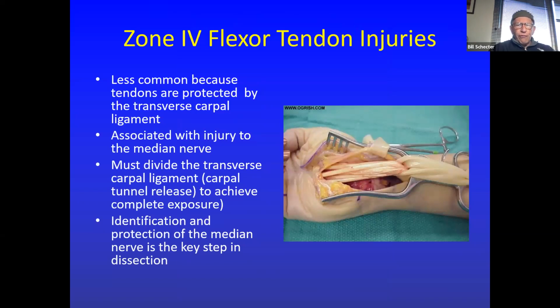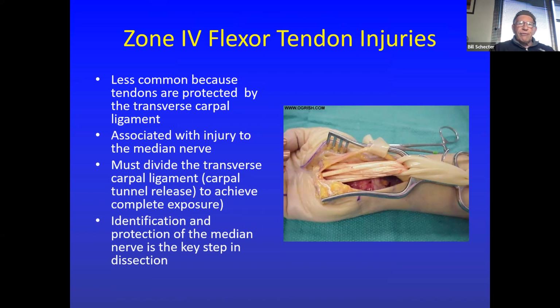Now, zone 4 flexor tendon injuries are located within the carpal tunnel. And these are relatively uncommon injuries. The reason they're uncommon is you have that very, very thick transverse carpal ligament, which is protective of the underlying tendons and nerve.